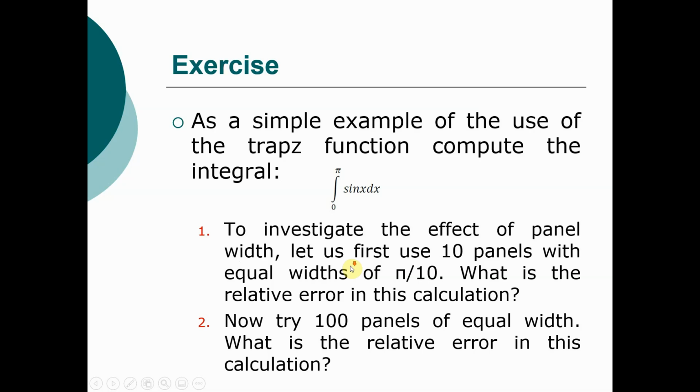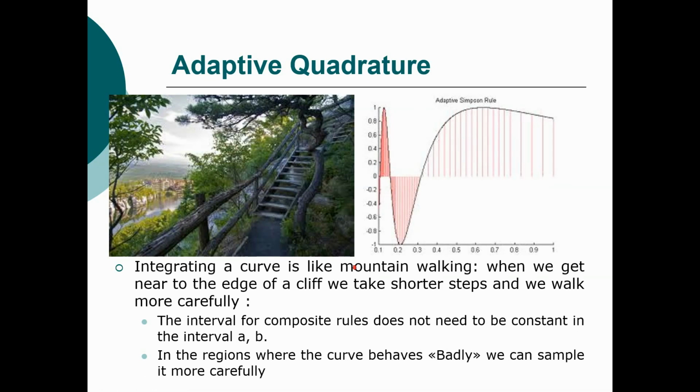It's always the same for all the subintervals. But in many practical, real applications, we don't want to choose the same step size. Sometimes our function changes very fast, so in those circumstances, we want the step size to be very small.